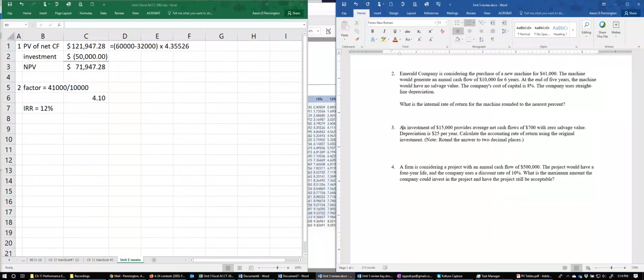Depreciation is $25 per year. Calculate the accounting rate of return using the original investment. The thing to remember with accounting rate of return is that it is income focused as opposed to cash flow focused, which means we cannot ignore depreciation.